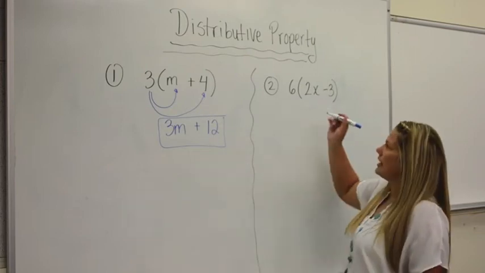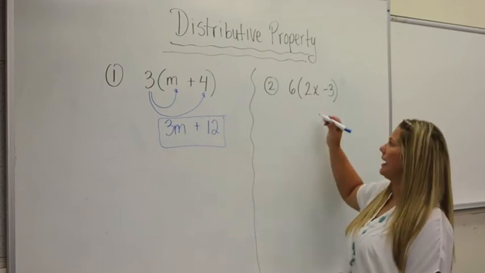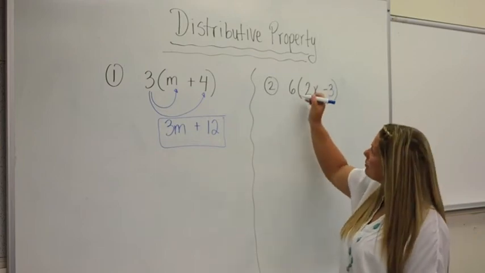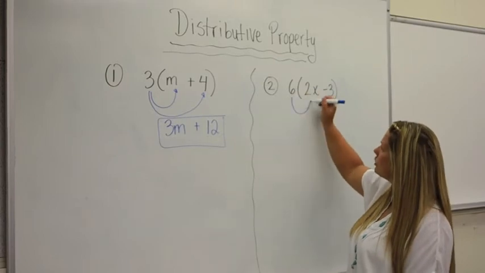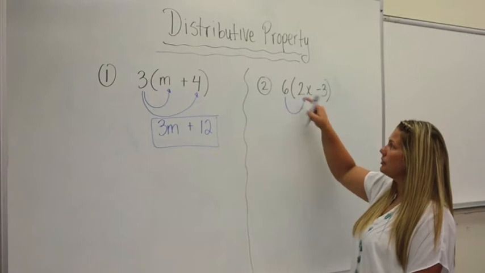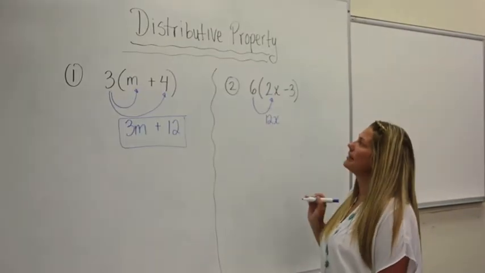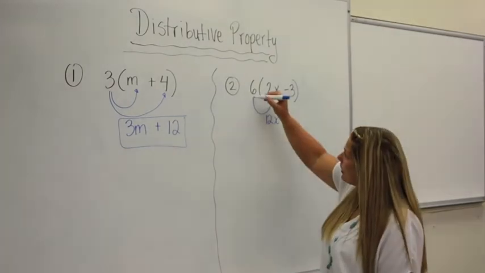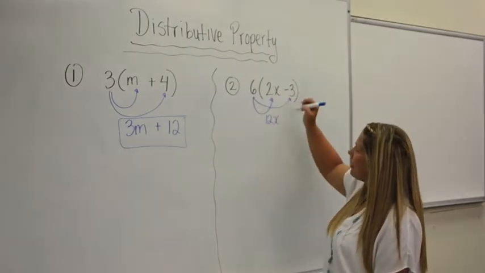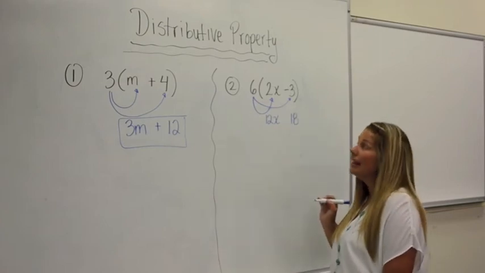So as we move over here, it's the same type of problem. 2x and 3 can't go together, so this 6 multiplying on the outside has to distribute to everything inside. Well, 6 times 2 is 12, but that has an x. Then remember that 6 has to multiply that 3, and 6 times 3 is 18.